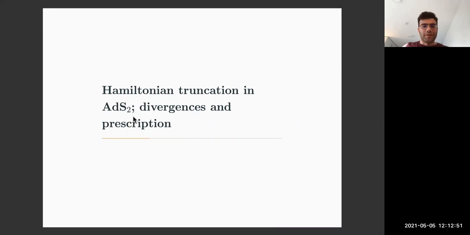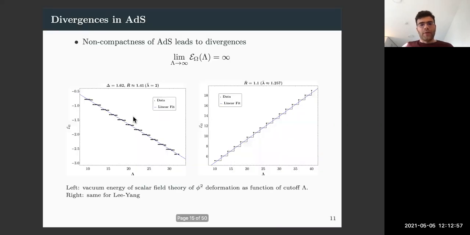Okay, if there's no question, let me go ahead and start the real problem. So when we do the Hamiltonian truncation in AdS, because of the non-compact AdS, we see divergences in all the spectrum, particularly the vacuum energy. As we increase the UV cutoff, it will become bigger and bigger and blow up.